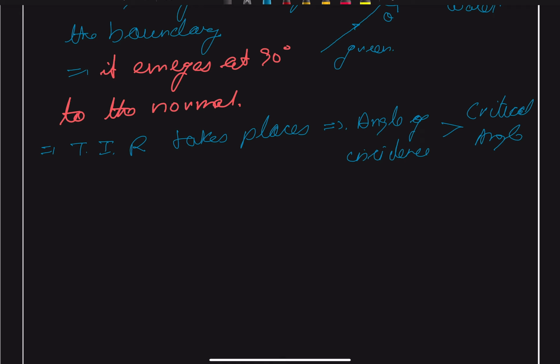Okay. And this critical angle is frequency dependent, because the refractive index itself is dependent upon the wavelength or frequency.